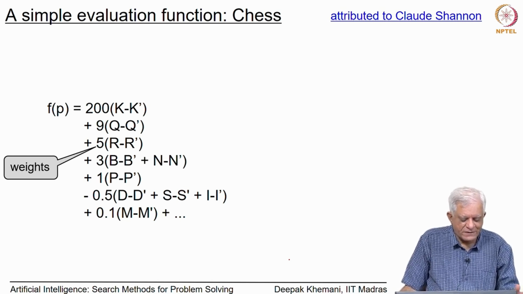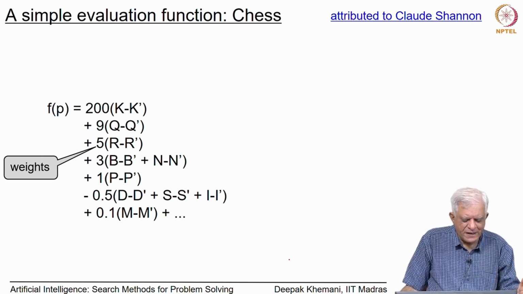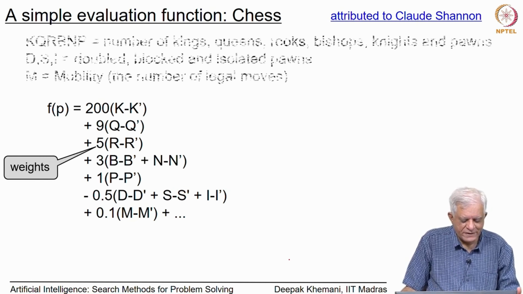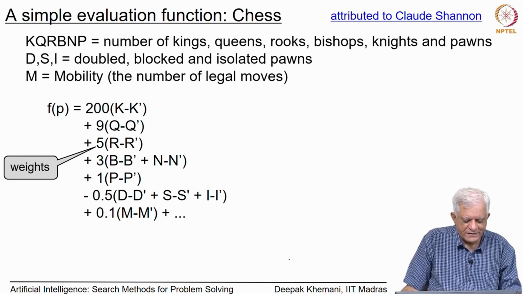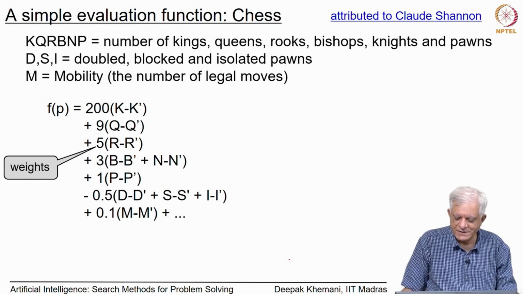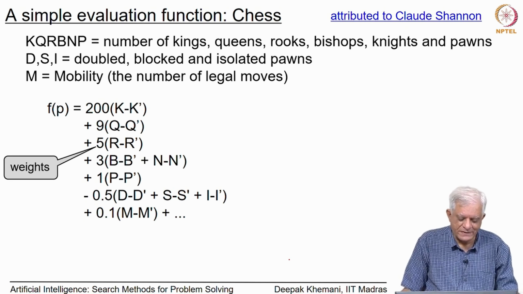This evaluation function, which he called f of p, a function of a position p, is made up of a set of components. The letters K, Q, R, B, N, P count the number of kings, queens, rooks, bishops, knights and pawns that each player has. K is for max and K prime is for min.